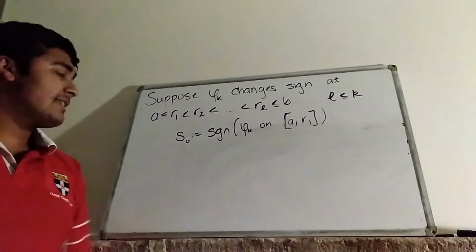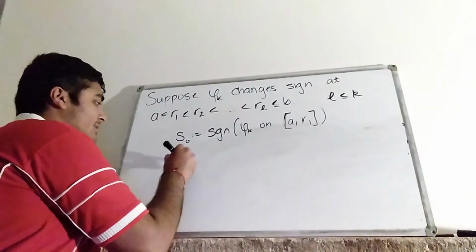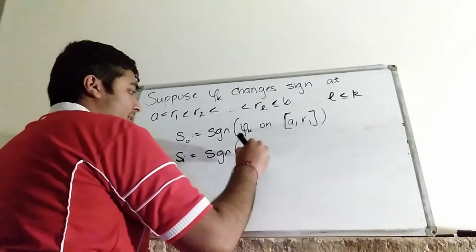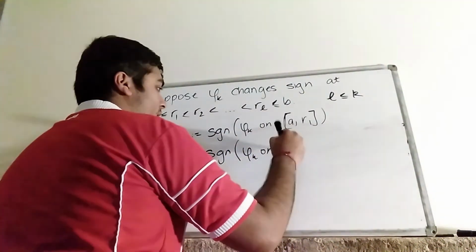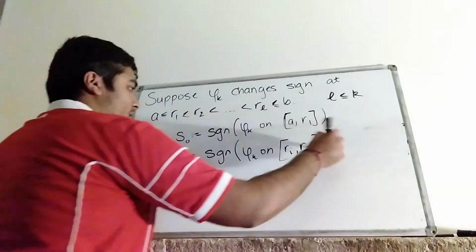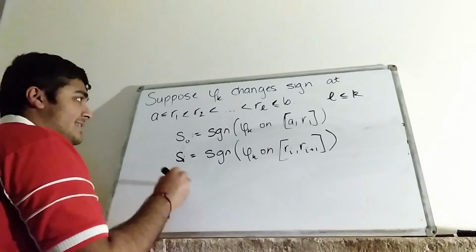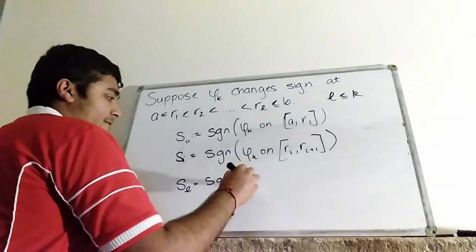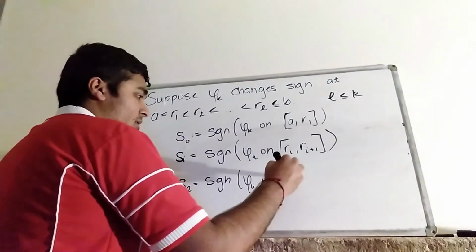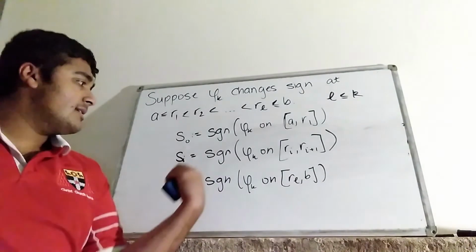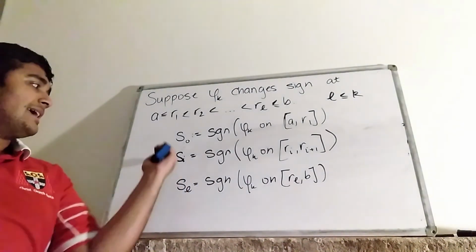So S0 is going to be that thing here, and then we're going to have Si equal to the sign of phi k on R i to R i plus 1. And we're also going to have SL equal to the sign of phi k on RL to B. So S0, Si and SL.